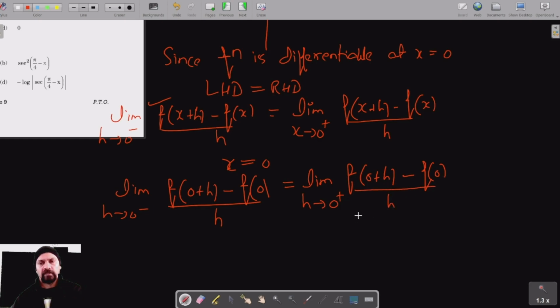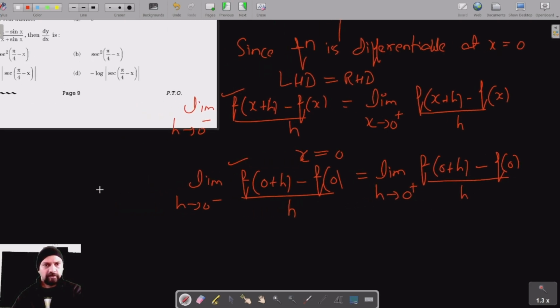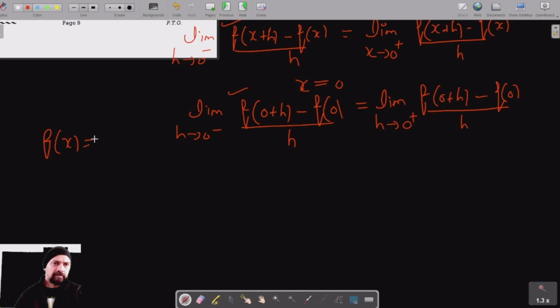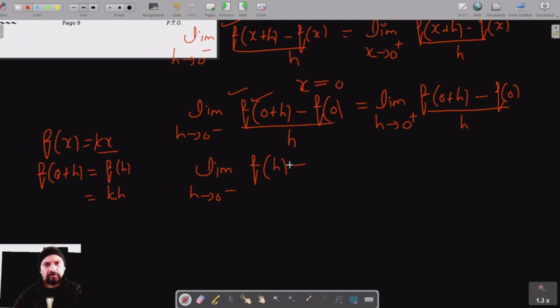So f of 0 plus h is f of h, which should be kh. And f of 0 for the left hand derivative is k into 0, which is 0, on h.